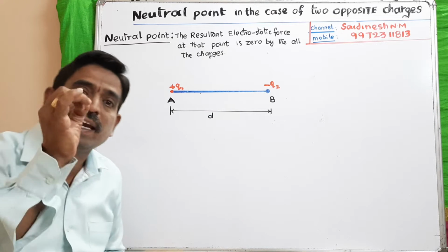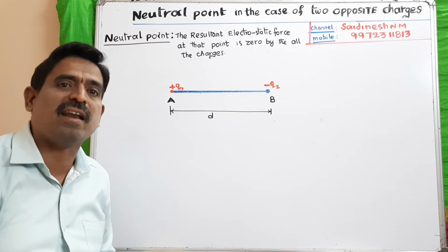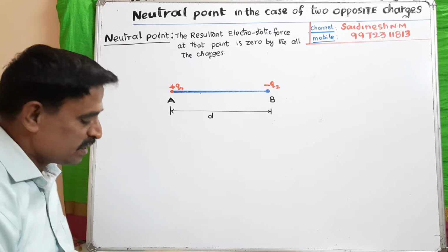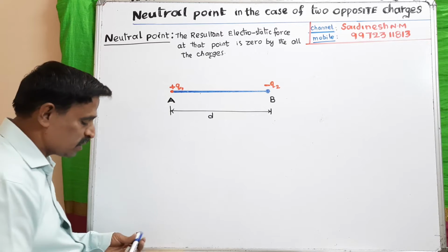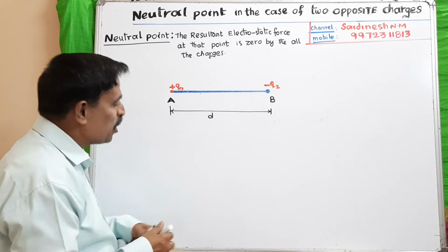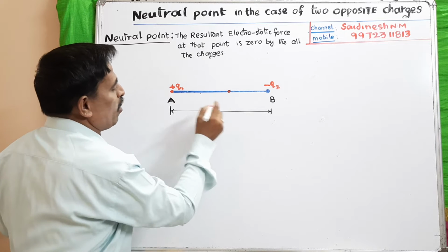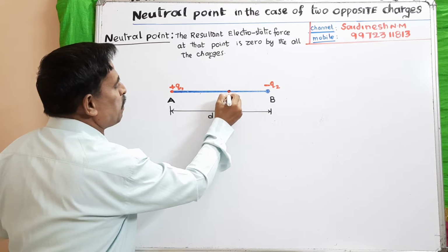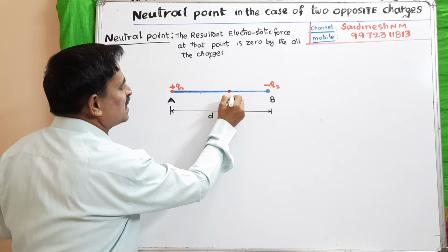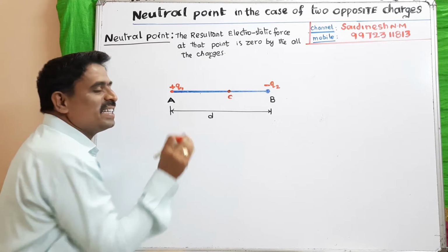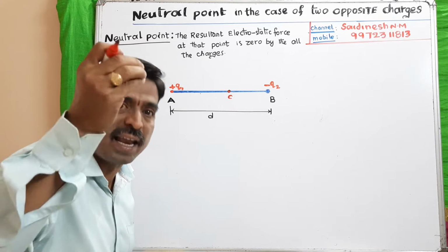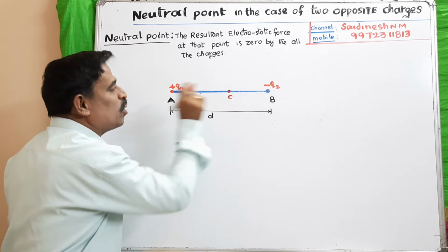Where are we getting the null point or neutral point? Suppose I am assuming this is the neutral point. I am calling it C. At this point, we are assuming we are getting the neutral point.